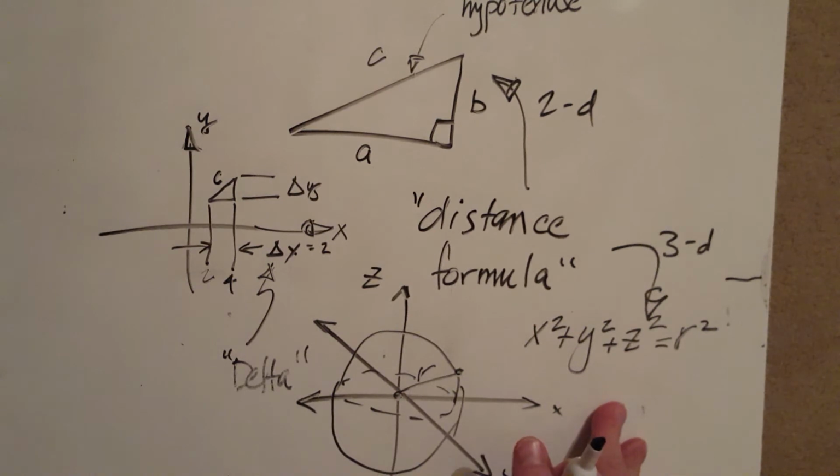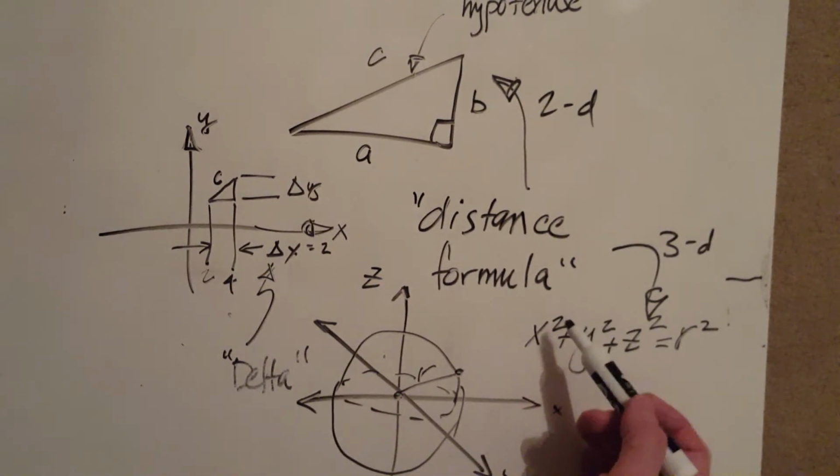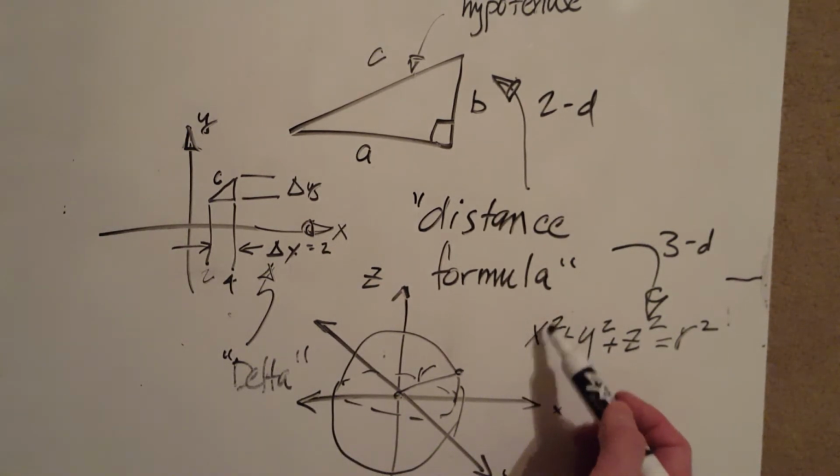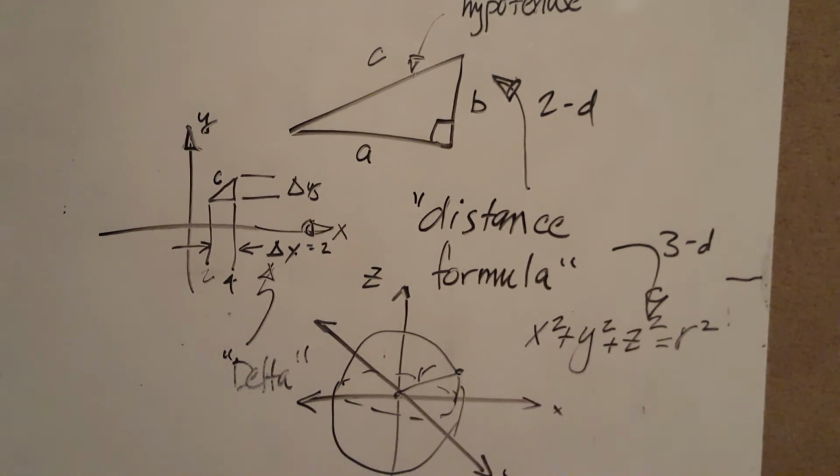You're at least going to use squares, and you're going to be using second order terms. Second order, remember, just means that you've got a term raised to the second power. So there you go. That is equations with x squared and the Pythagorean theorem.